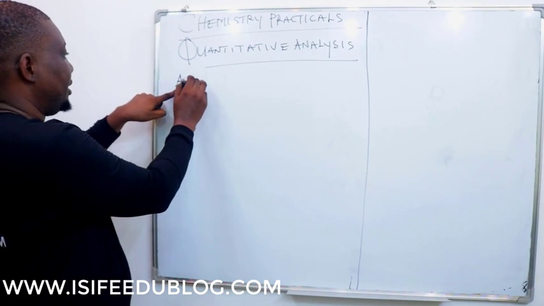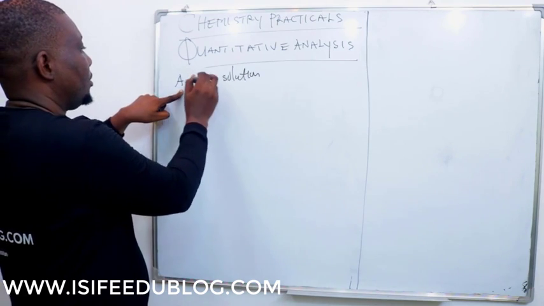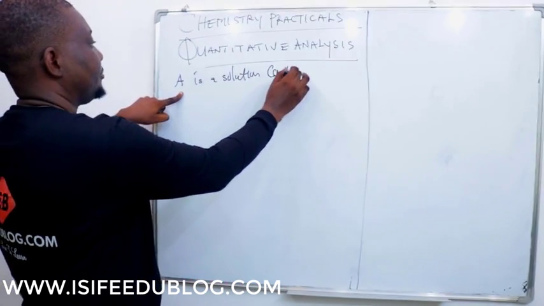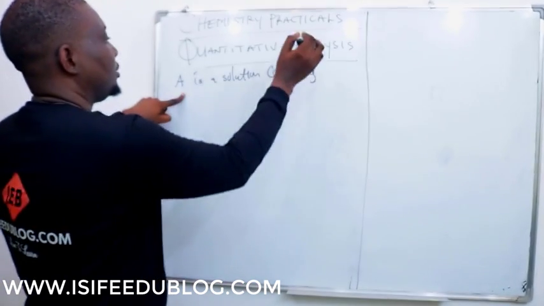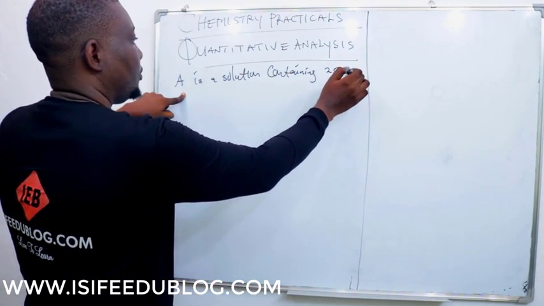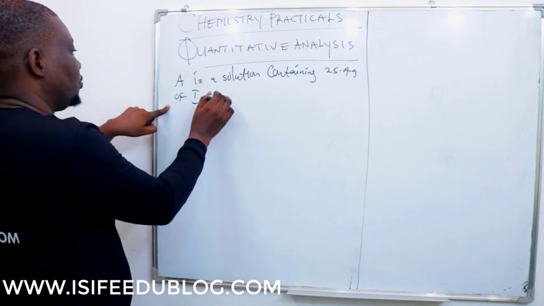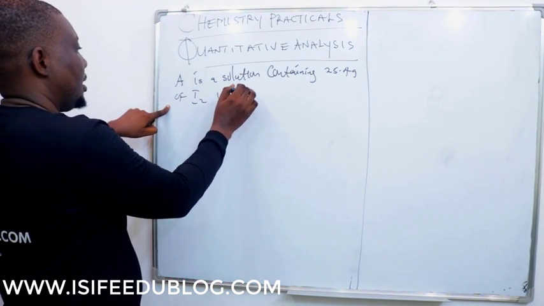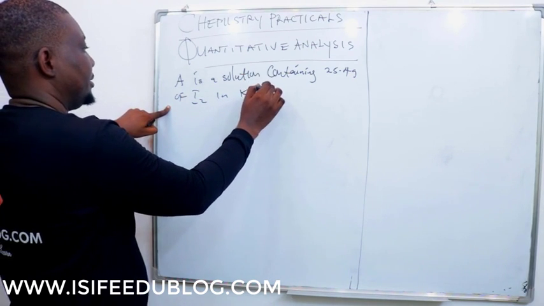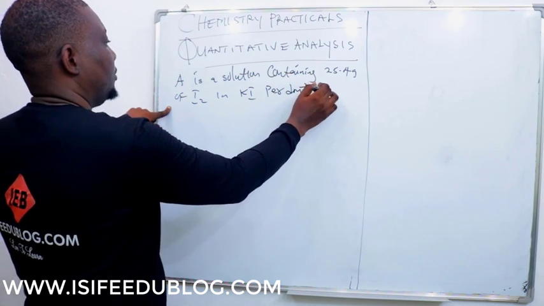What if I say A is a solution containing 25.4 gram of I2 in KI per dm³ of solution.